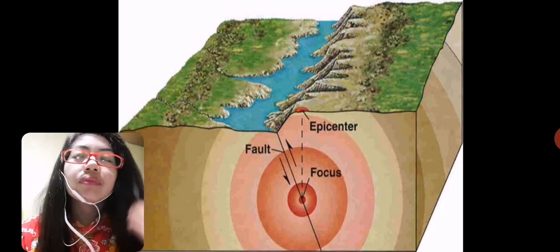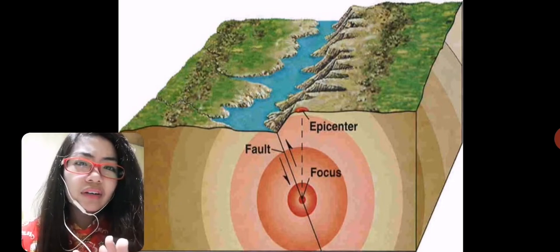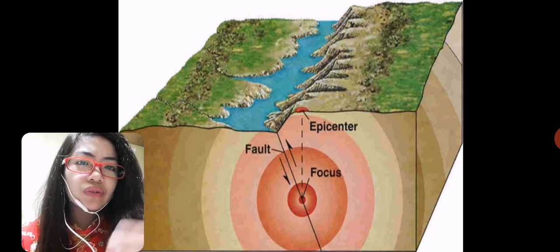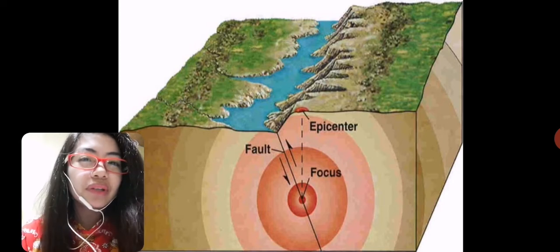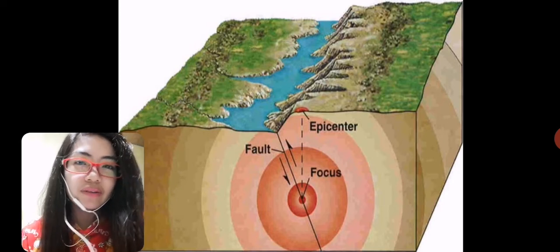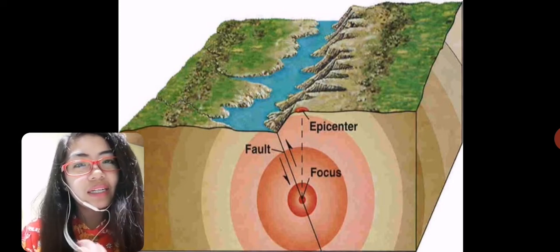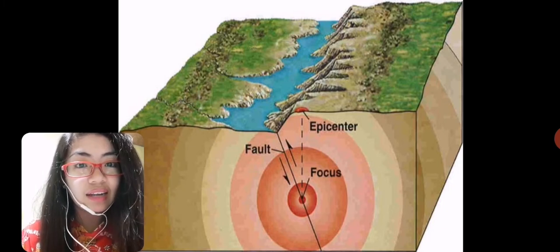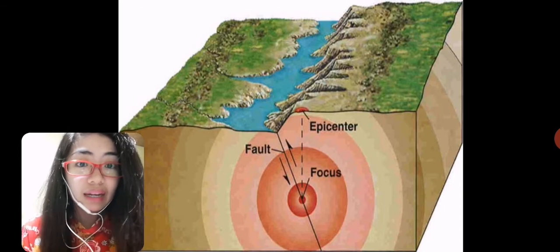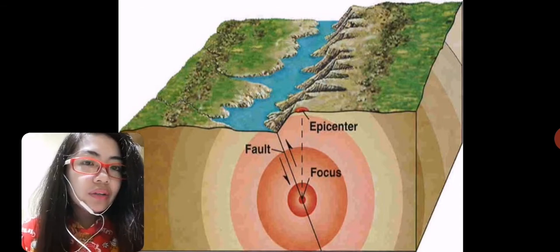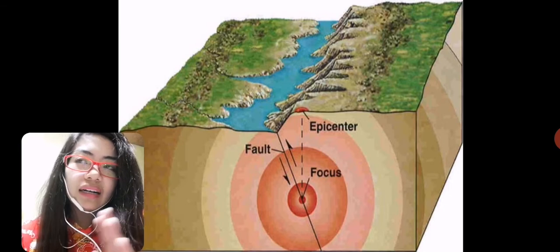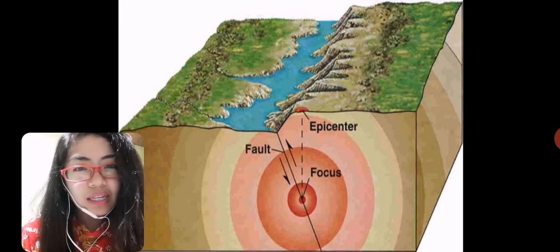Kapag nagkakaroon ng bagyo, laging sinasabi sa news, lalo na kay Mang Tani, lagi niyan sinasabi na aabot ng 2 to 3 meters yung daluyong. Ang pinagkaiba kasi nila, ito yung nangyari sa Yolanda, daluyong. Mas kilala siya as daluyong. Ang characteristics nila is almost the same.